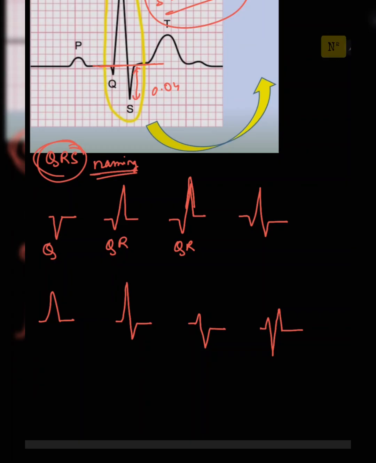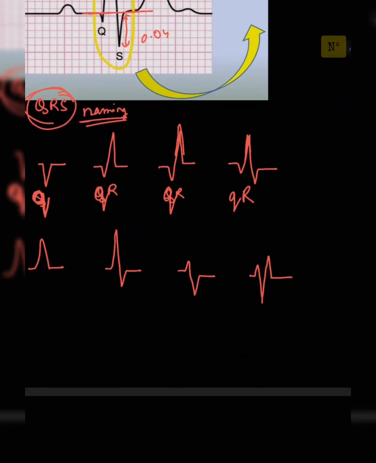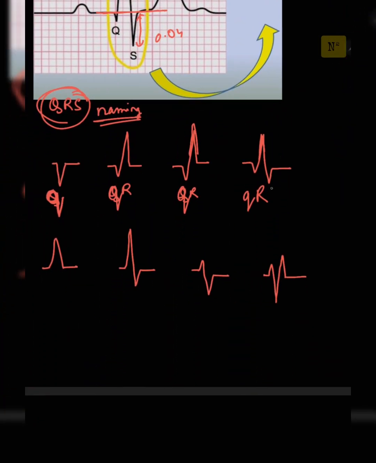Whenever you are getting a negative wave, you always have to use this nomenclature: small q and capital R. I told you the first wave that we encounter, that is a negative wave, always has to be the Q wave. Then we have a positive wave, that's a capital R. Then if you are getting another negative wave, that's called the S wave, denoted by the letter small s.